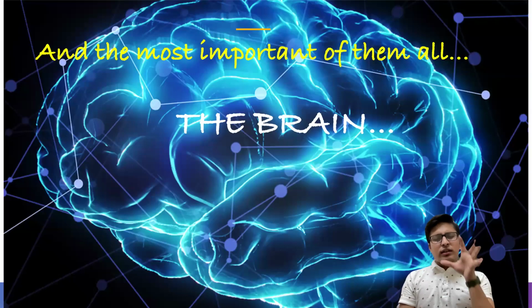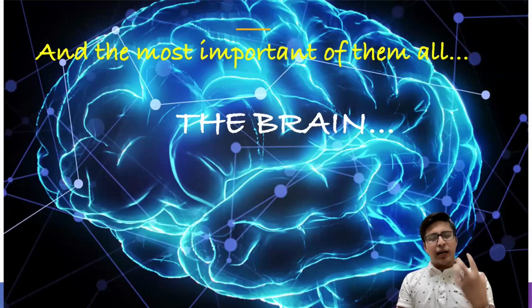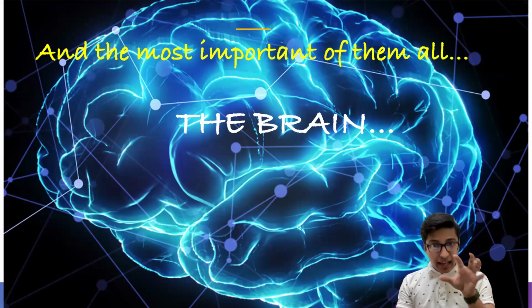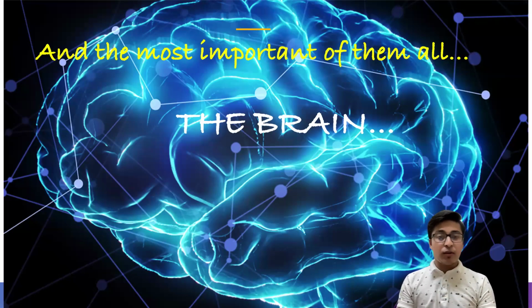after studying all the parts and how they're inspired by nature, either human parts or any animal parts, there remains one particular part which is of our utmost interest. As a student of robotics, it must be of your utmost interest, dear students. What is it? The most important of them all, the brain.